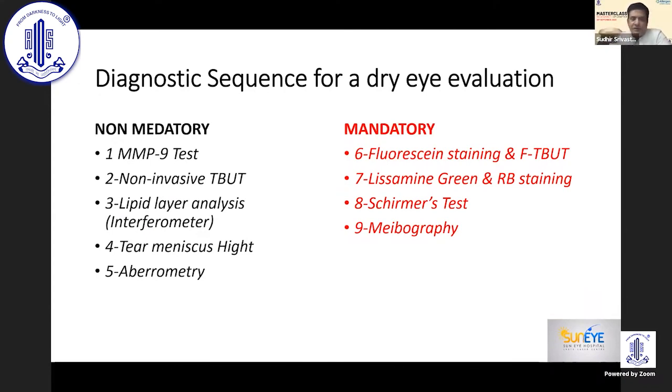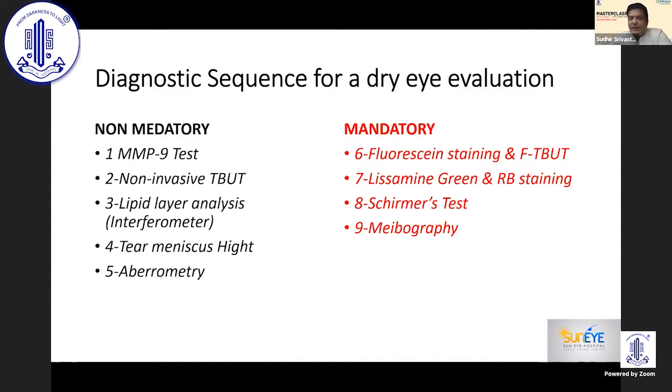So we have to modulate the diagnostic sequence, and fortunately we can divide it into two parts: non-mandatory tests and mandatory tests. Mandatory tests we can do easily in our clinics. I think every clinic has these things, and if we are not using them, we must. These include fluorescein staining or other stains, like rose bengal or lissamine green, to understand the conjunctival and corneal surface; Schirmer's test to understand aqueous production; and meibography to know the health of the meibomian glands.